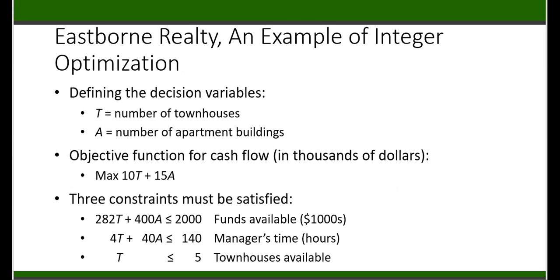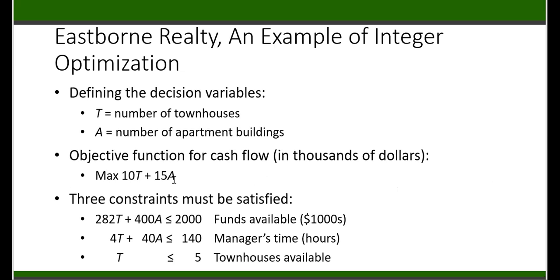So in terms of the formulation, decision variables are going to be the number of townhouses and number of apartment buildings. Let's denote them by T and A, capital T and capital A. So the objective function is to maximize the cash flow. We said 10,000 per each townhouse, 15,000 per each apartment.